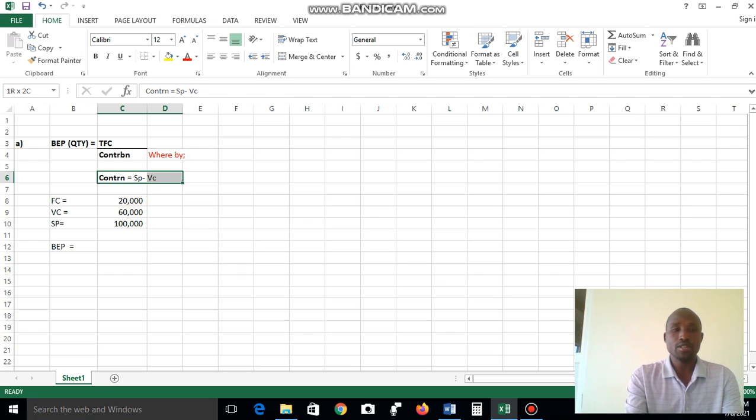Whereby contribution is equal to selling price minus variable costs. So in case they ask you to calculate contribution, you know that it is unit selling price minus unit variable cost.